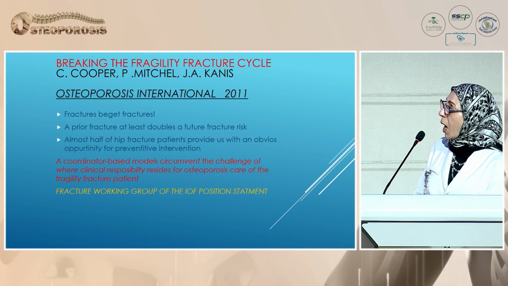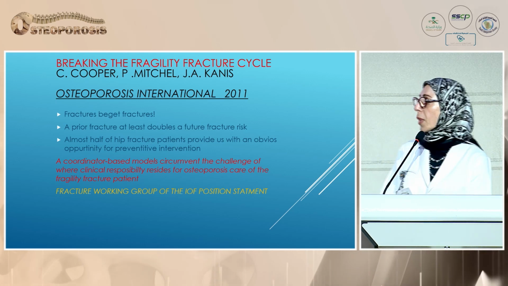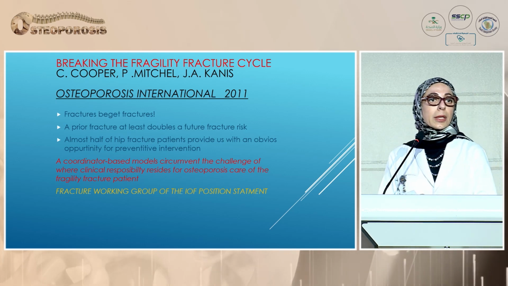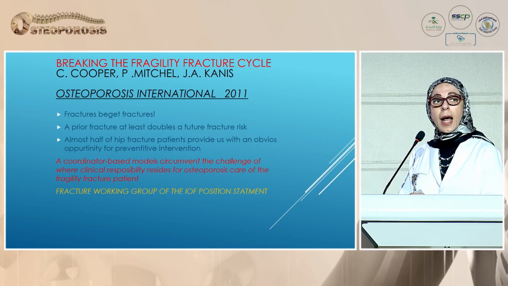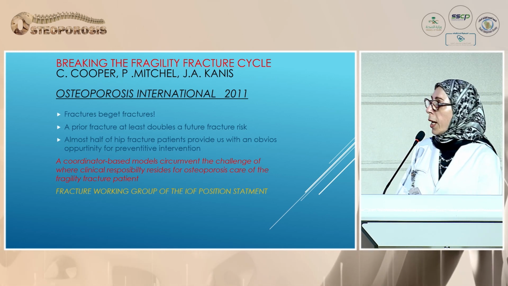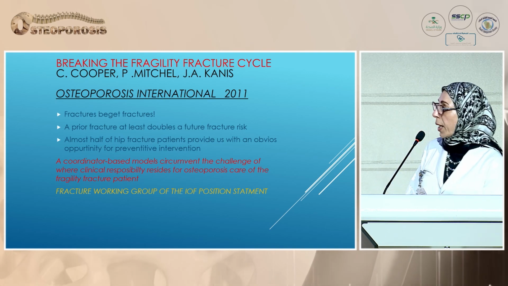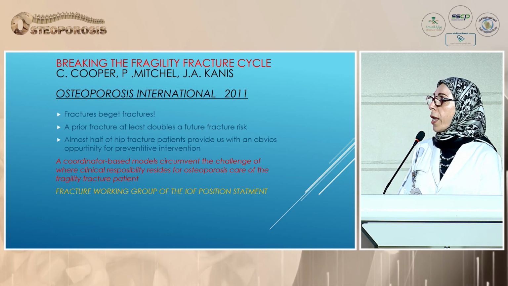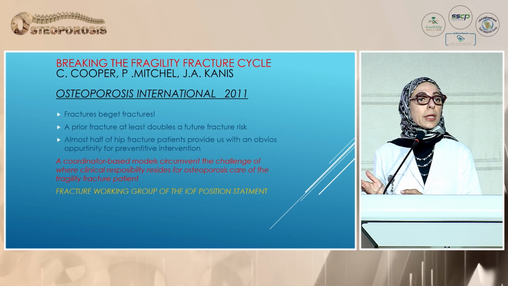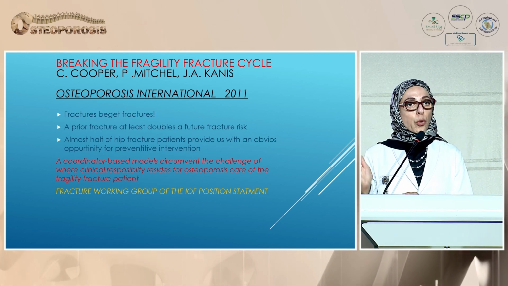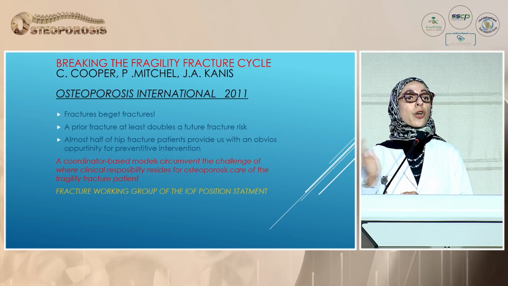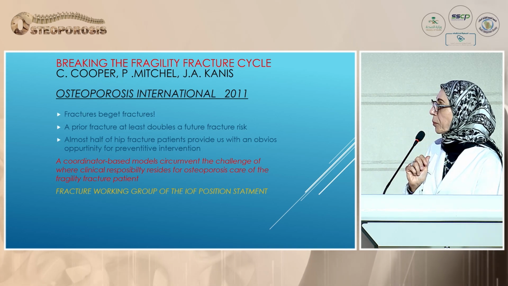And almost half of hip fractures will provide us with an opportunity for preventative action. And the model, as I mentioned to you, is a coordinator-based model with a multidisciplinary team approach to tackle the problem of interaction between the different groups.